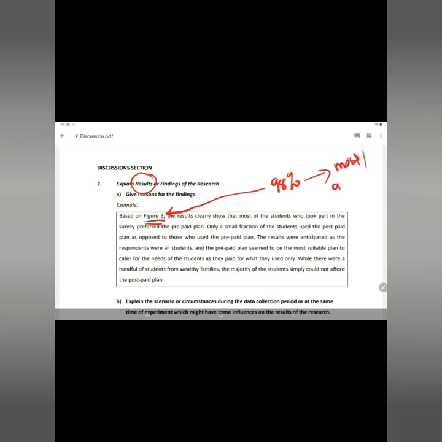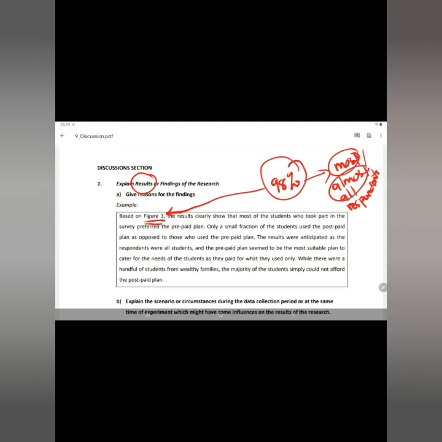Or you can use other words like almost, almost all respondents. So you have to convert this number into words. That is how you're going to write.